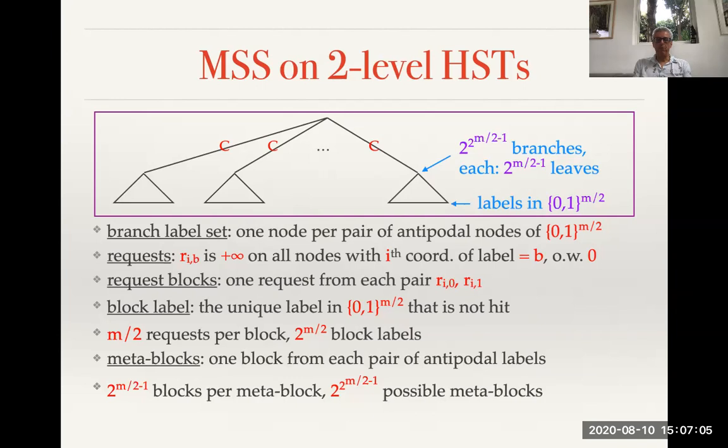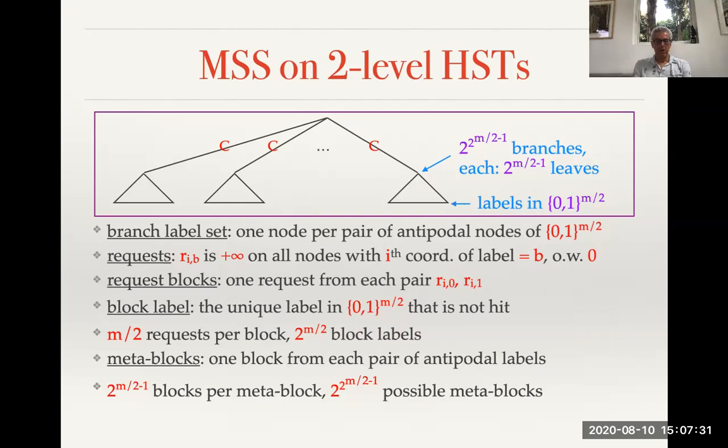Now we're going to pair blocks into blocks that have antipodal labels. And we'll define meta blocks by picking one block from each pair of antipodal label blocks and taking all of these choices of one block per pair.